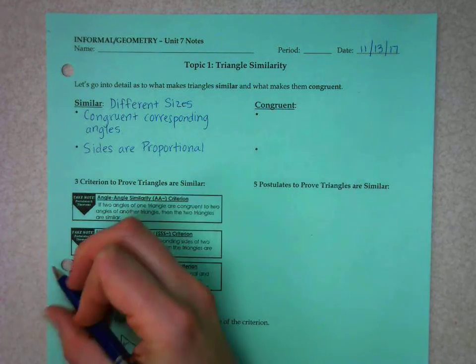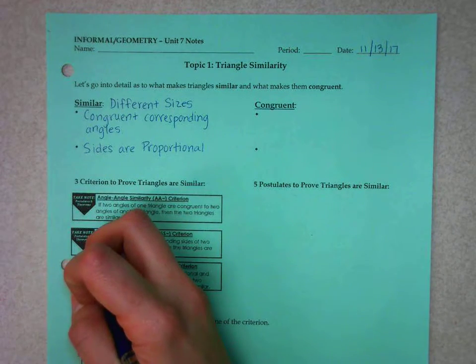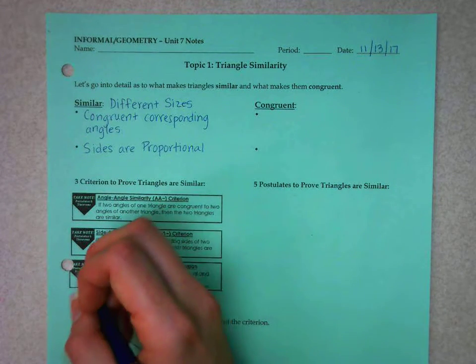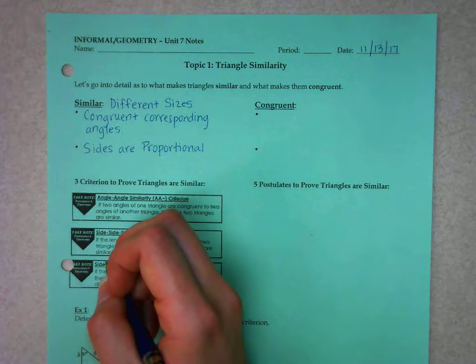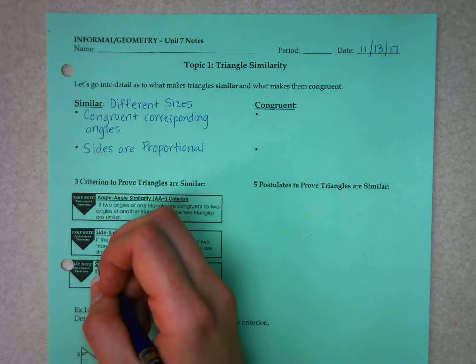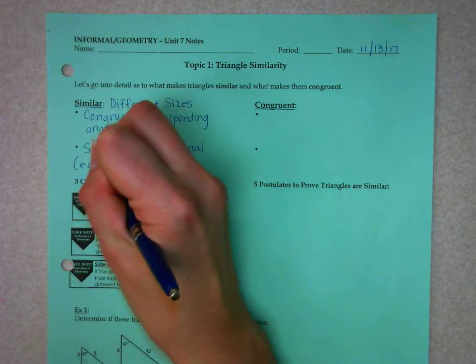What this means is if you were to find the scale factor from the pre-image to the image for all 3 sides of the triangles, you're going to get the same scale factor every time. So let's write down that you're going to have equal scale factors.